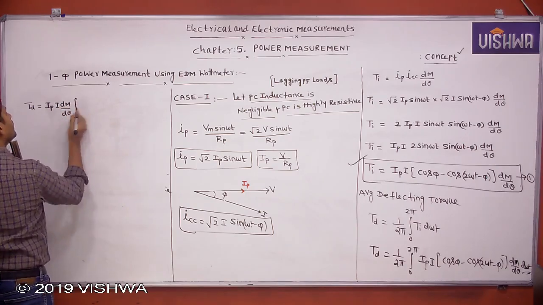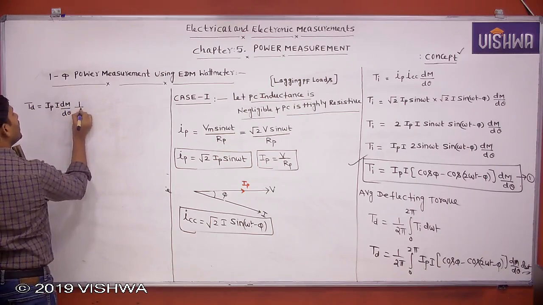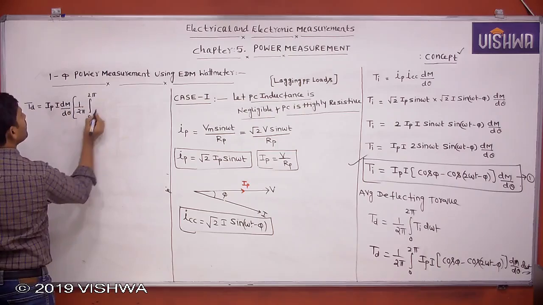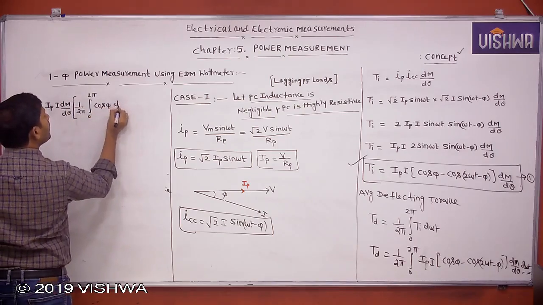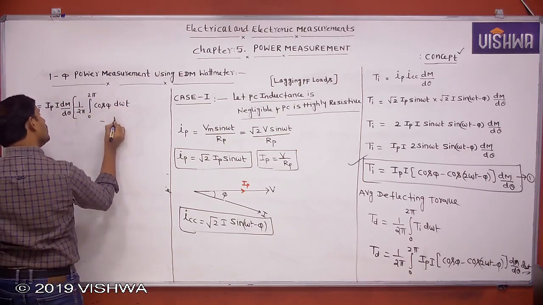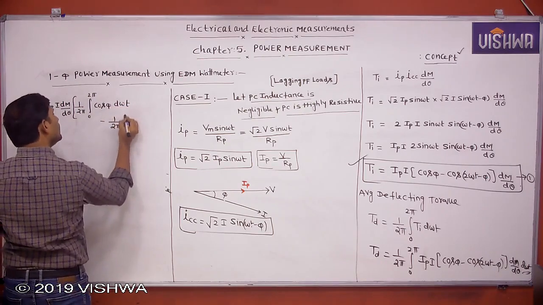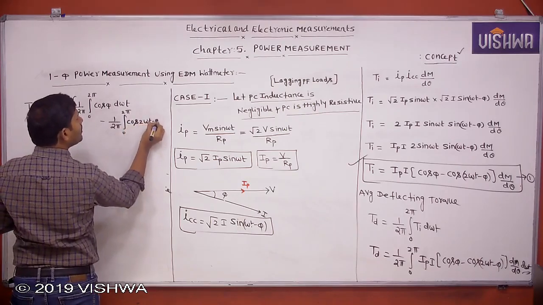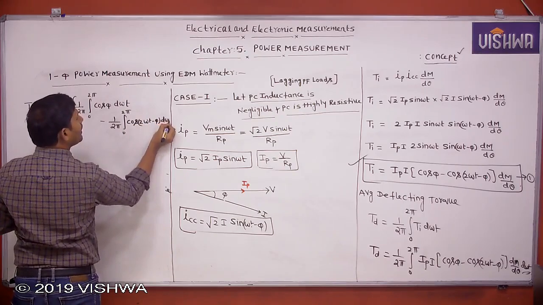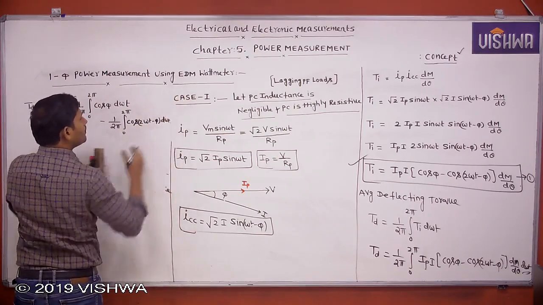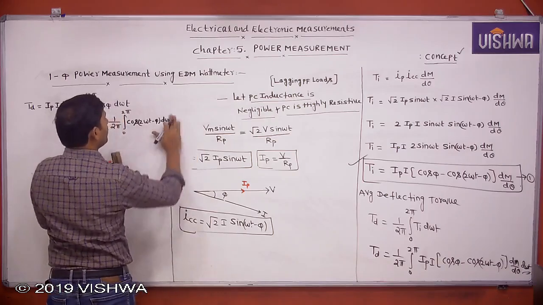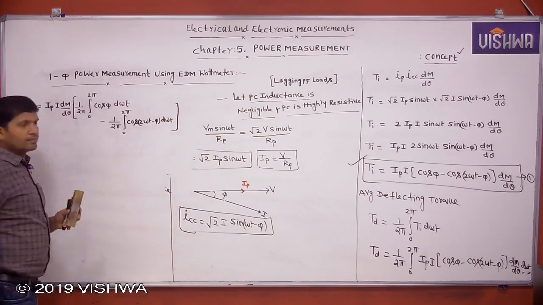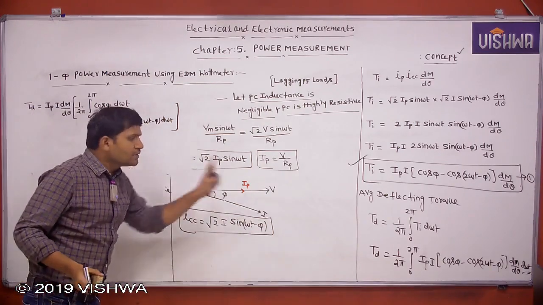This integral I am writing as 1 by 2 pi integral 0 to 2 pi cos phi d omega t minus 1 by 2 pi integral 0 to 2 pi cos(2 omega t minus phi) d omega t.